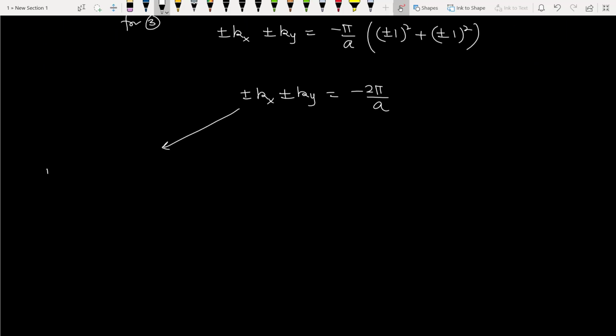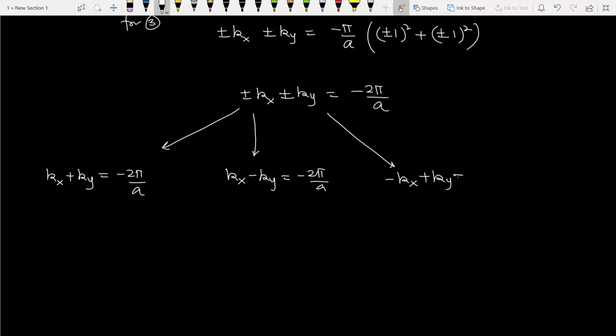First equation is kx plus ky equal to minus 2 pi by a. Second equation, kx minus ky equal to minus 2 pi by a. Third equation, minus kx plus ky equal to minus 2 pi by a, or kx minus ky equal to 2 pi by a, minus taken common.